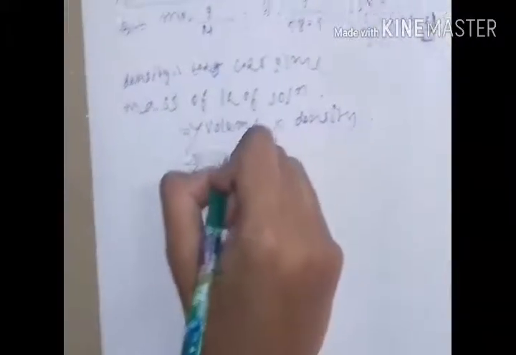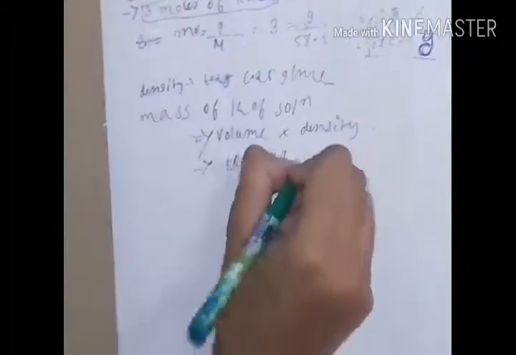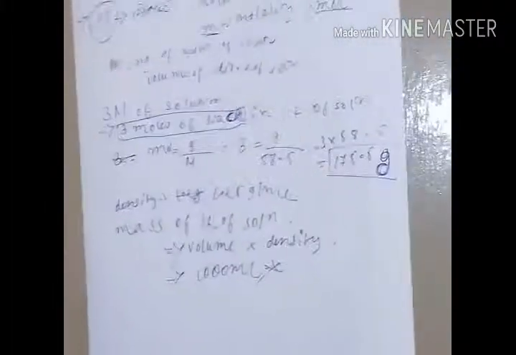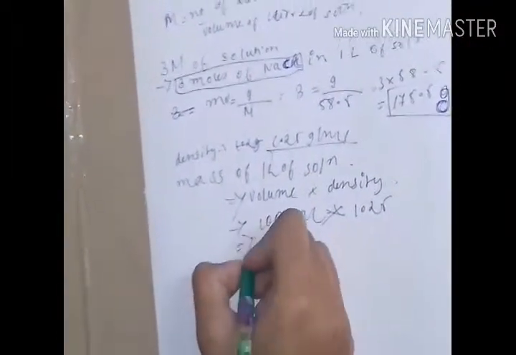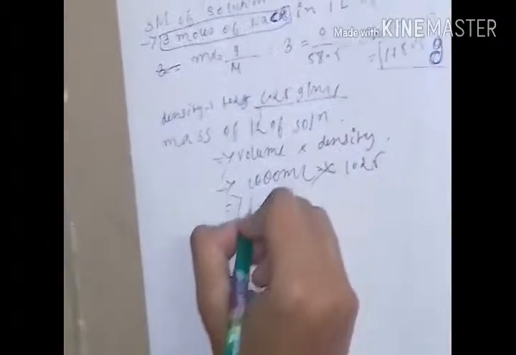What is the volume? 1000 ml. Why is it 1000 ml? Every time when we are finding molarity or molality, volume will always be 1000 ml. So what is the density given? 1.25. When we calculate it, we get 1250 gram.